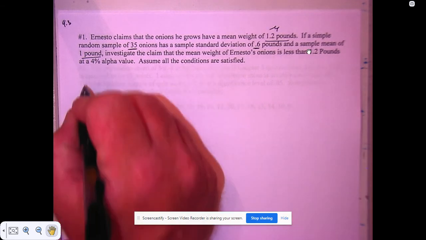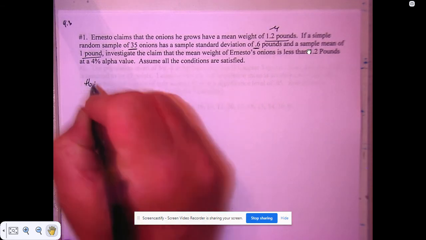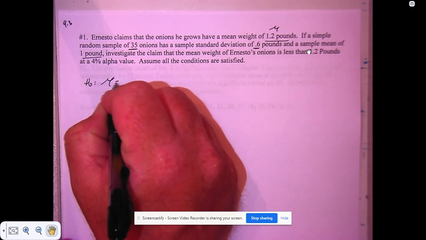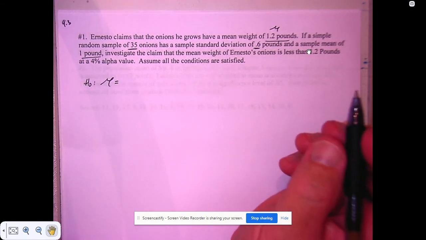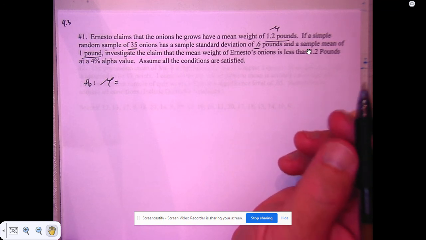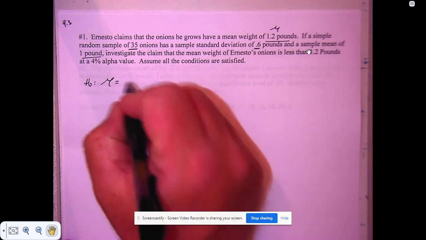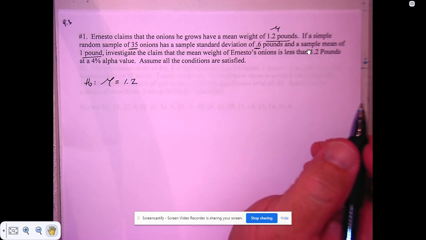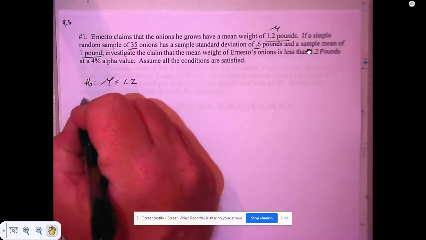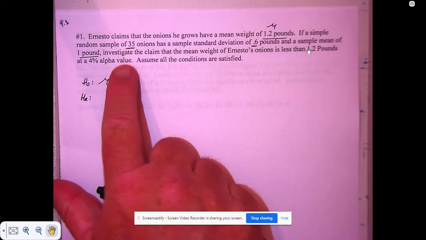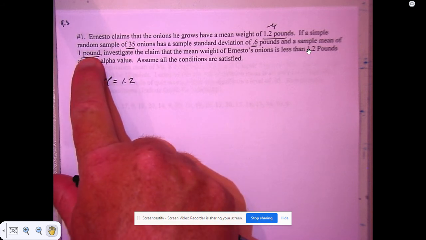Okay, so our null hypothesis would be, again, we are not dealing with a sample, we're dealing with a population. We're saying that the population of Ernesto's onions has a mean weight of 1.2 pounds. An alternative hypothesis, well, the sample mean was down to 1 pound.